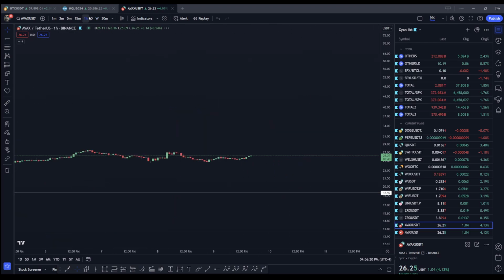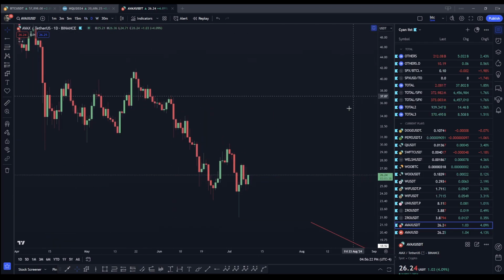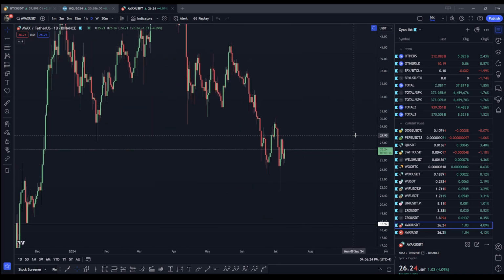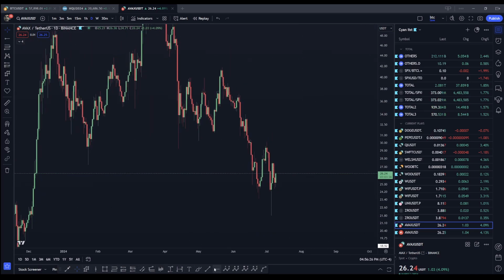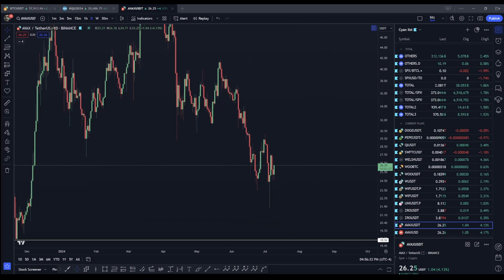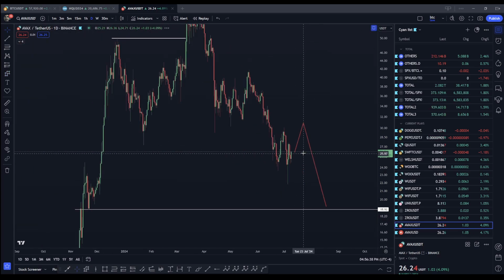That's how I would be interested. In terms of near term, this just looks like continuation. Maybe it sweeps this and then dies. That's my best guess.